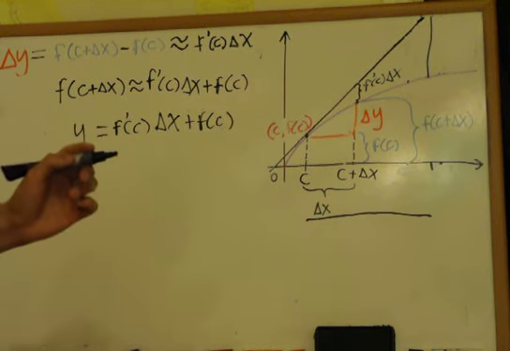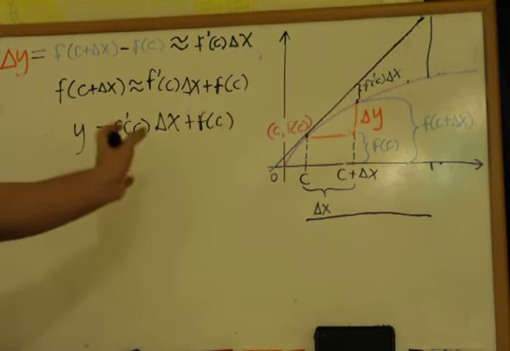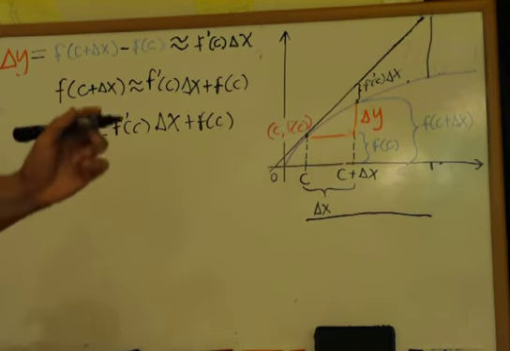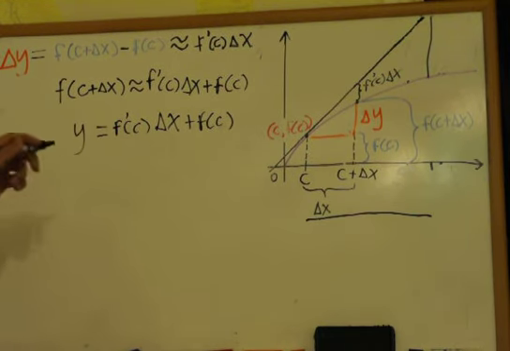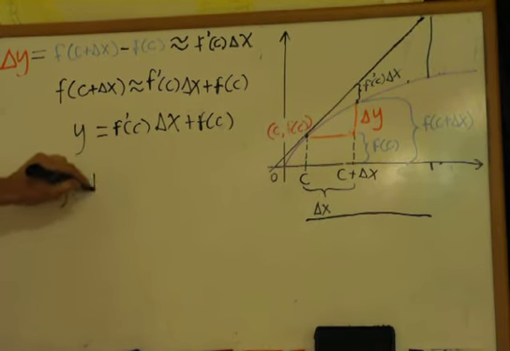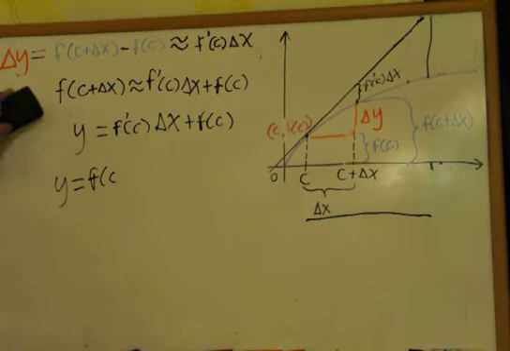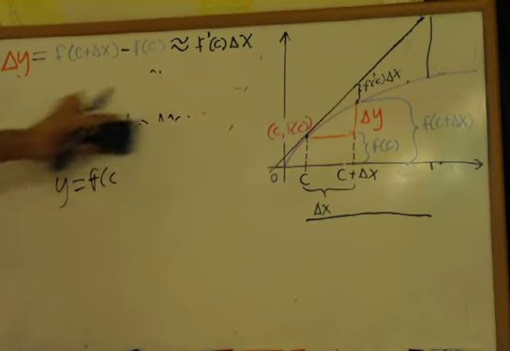I'll use c here just so that I can show you on the graph while I'm doing the calculation. So now we're trying to find the differential. So y is equal to f of c. Well, actually, let me erase this part here so I have space.